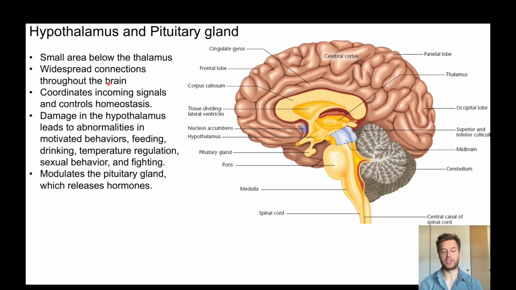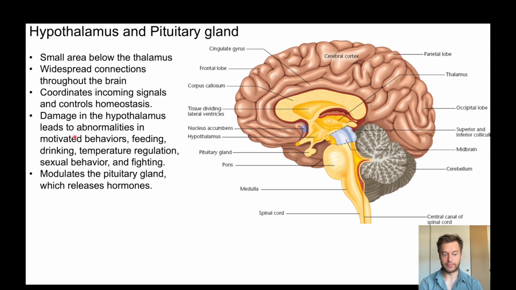It has widespread connections throughout the brain and coordinates incoming signals and controls homeostasis. So we're going to talk about the hypothalamus a lot more in our homeostasis lectures, but in general, you want to think about the hypothalamus as a regulator of the brain and essentially the autonomic output to control a variety of things like temperature and things like this.